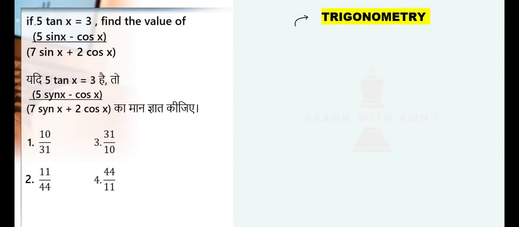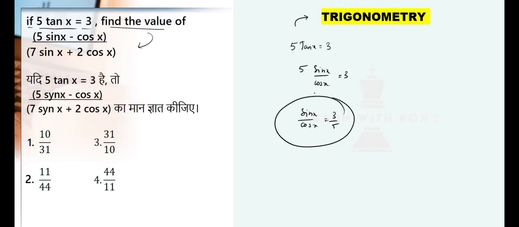Okay, see here, if 5 tan x is 3, find the value of this expression. See we have 5 tan x is 3. So I can write this as 5 sin x by cos x is 3. So from this I got sin x by cos x ratio is 3 by 5. Okay, and the expression is also in the form of sin x and cos x, and here the degree of the numerator and denominator is same.